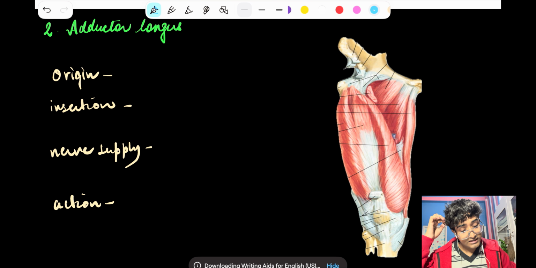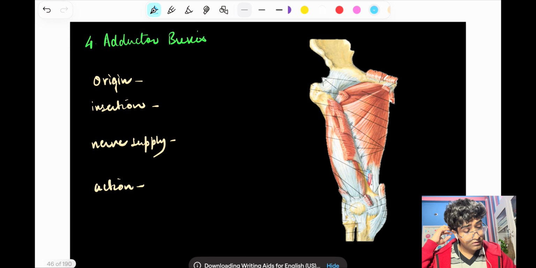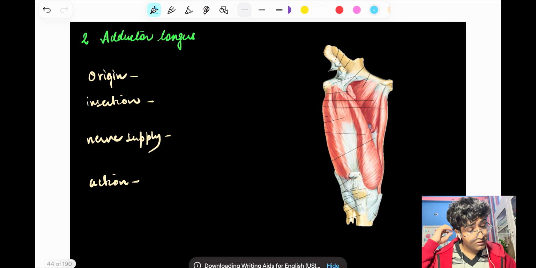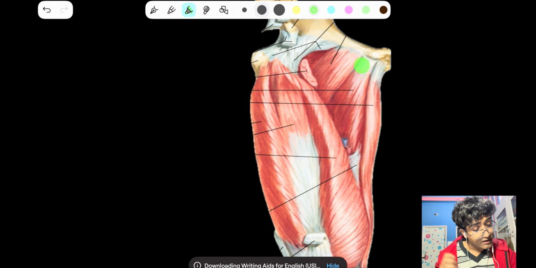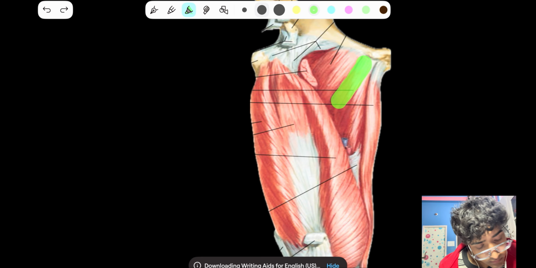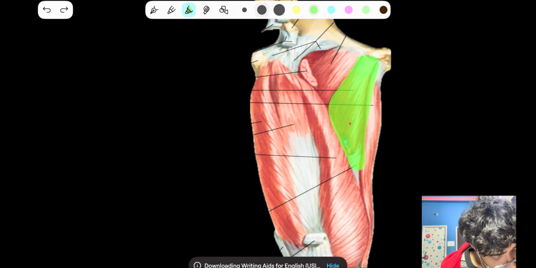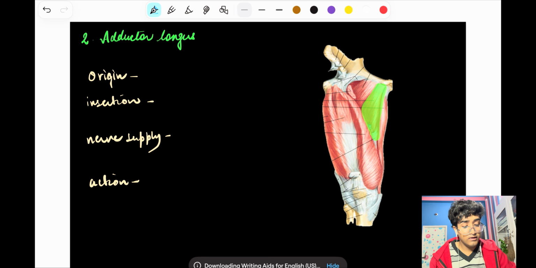The next muscle we'll be dealing with is the adductor longus muscle. Marking this muscle as green, this one is your adductor longus muscle.